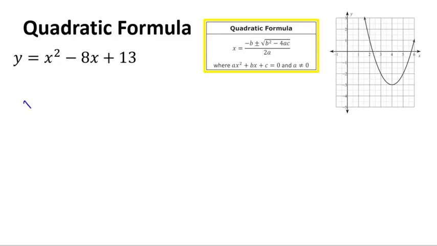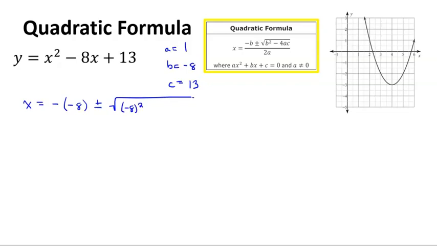We have x equals, and then we need to identify our a, b, and c. A is going to be 1, b is going to be -8, and c is going to be 13. So I've got negative b, which is -8, plus or minus the square root of -8 squared.